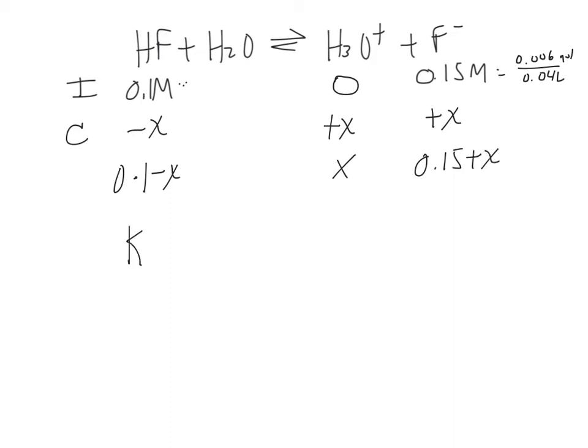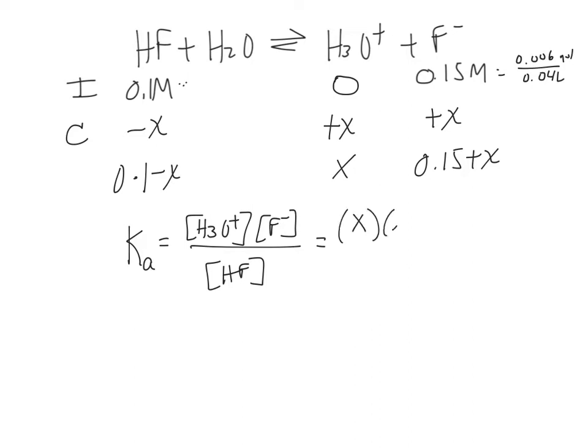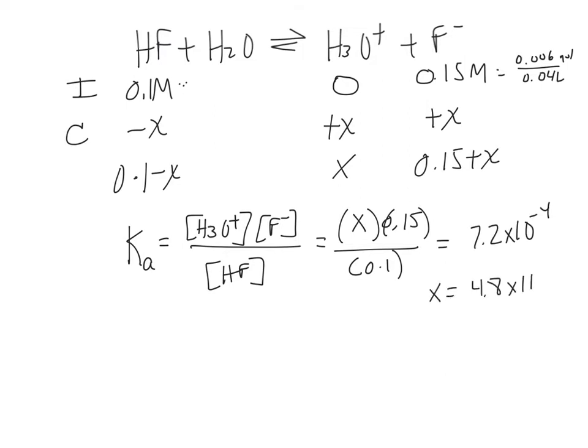Now, the K acid for this, which you know was given, is going to be the concentration of H3O plus times the concentration of F minus over the concentration of HF. And that's going to be equal to x times 0.15 over 0.1, because we're going to use our approximation. And so we can find x. And x comes out to be 4.8 times 10 to the minus 4 molarity.